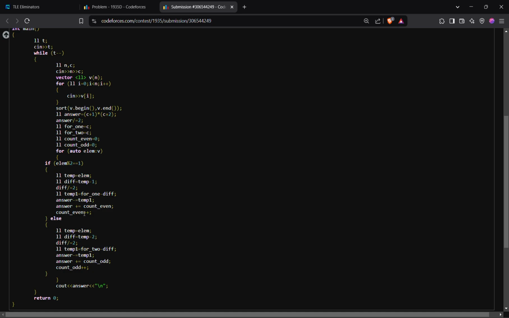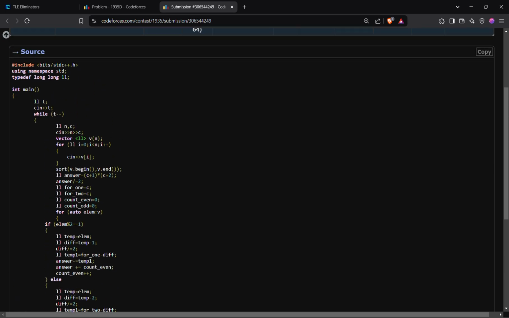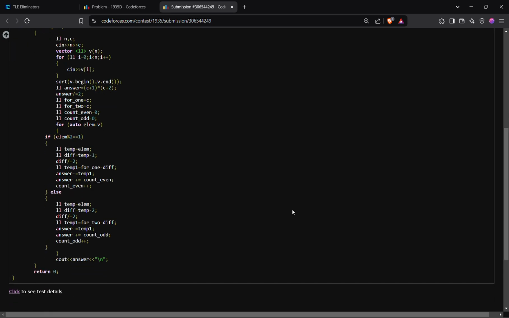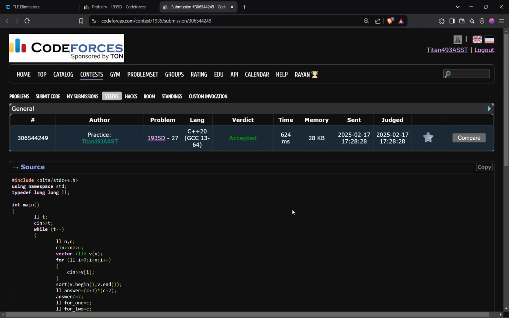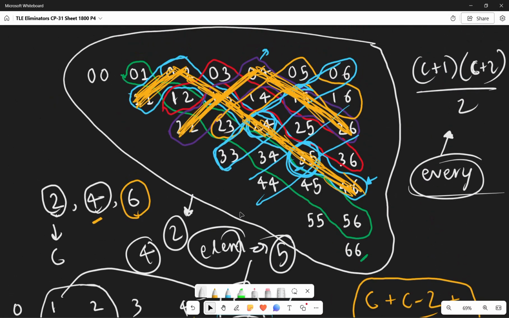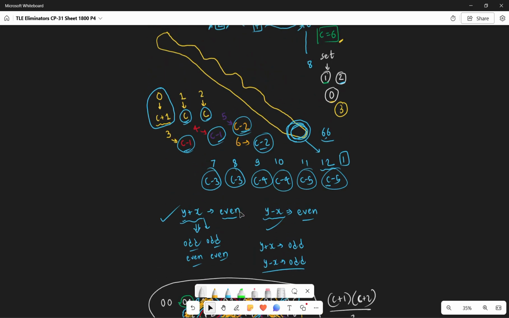And I'm doing count of even plus plus. Same thing I'm doing for count of the odd numbers and basically odd numbers in general. And finally outputting the answer. So pretty short and expressive code, carrying much of the logic. But yes, this is basically the whole point of the solution.